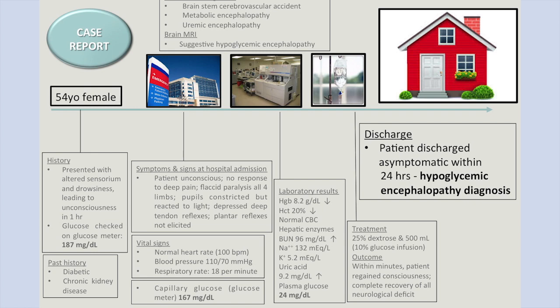So this is yet another example of a clinical case where you're measuring glucose with a glucose meter, and you may be treating a patient based on those results, but you really have to be comfortable and confident with the performance of whatever method you're using for glucose, be it a glucose meter or a blood gas analyzer.